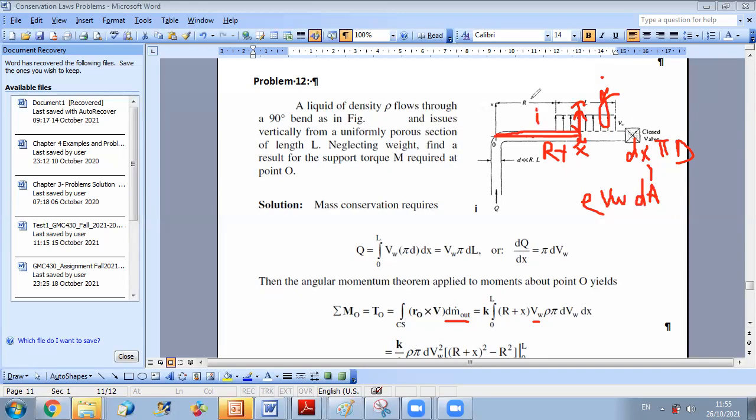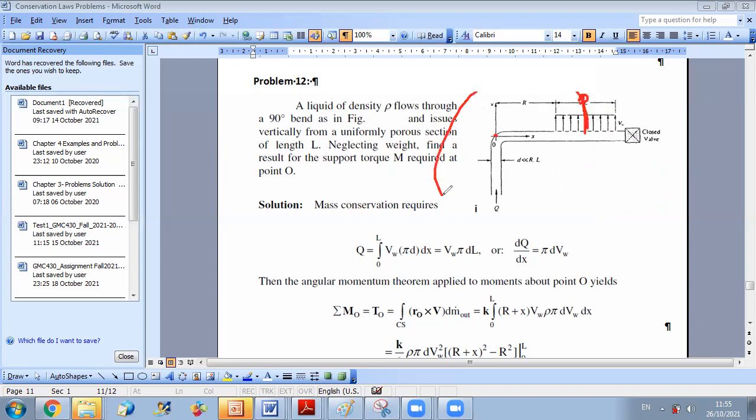Or, because it's a 2D application, you can just use the right-hand rule. The moment of this vector about O is counterclockwise, so it's positive. So both results will tell you that your angular momentum rate is along k.